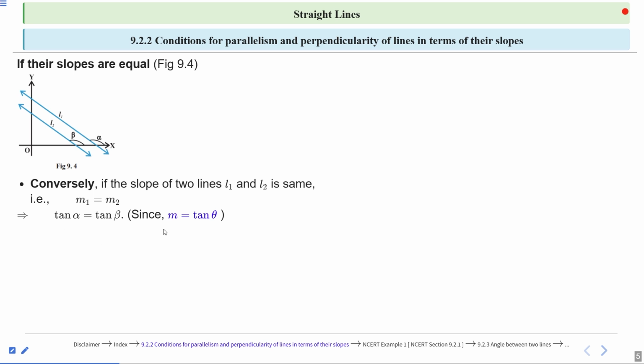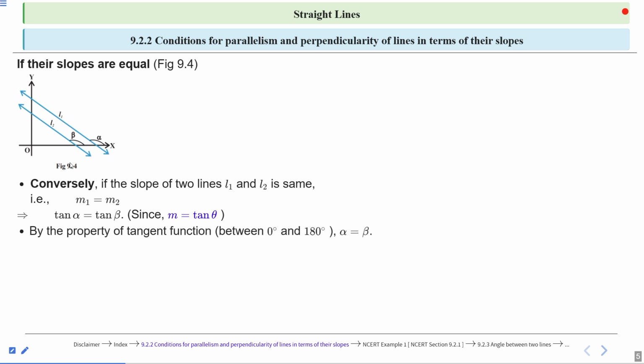Since we know m equals tan theta, we can write tan alpha equals tan beta. Why? Because the inclination of the line L1 is alpha, so the slope of L1 is tan alpha, and the inclination of the line L2 is beta, so the slope of L2 is tan beta. Since M1 equals M2, it implies tan alpha equals tan beta.